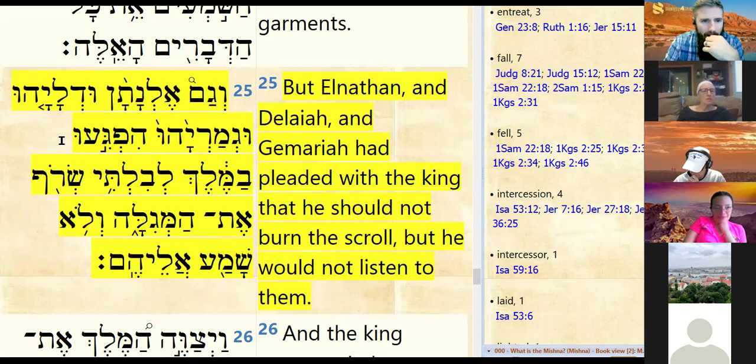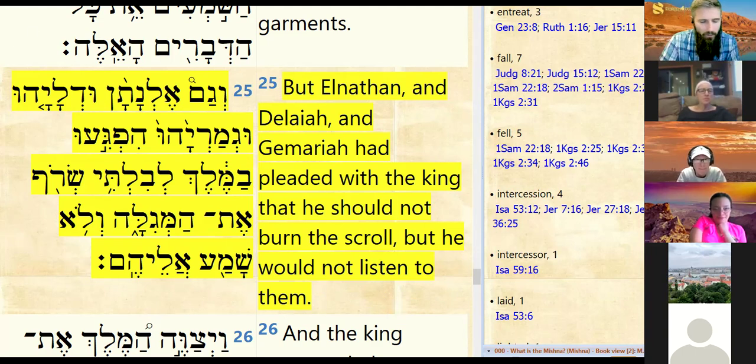Okay, but these guys have pleaded with the king. You see that? Yifgi'u melech. They pleaded with the king that he should not burn the scroll. Chances are they weren't wrestling him down. He's the king. So that means they were pleading with the king.